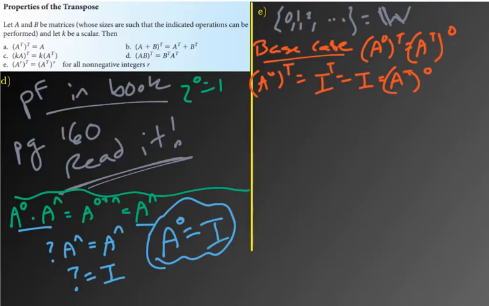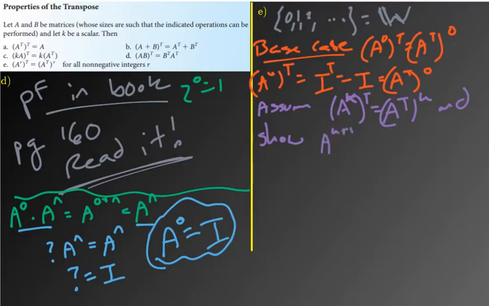So I'm going to assume that A to the k, transpose, equals A transpose to the k, and show that A to the k plus 1, transpose, equals A transpose to the k plus 1.